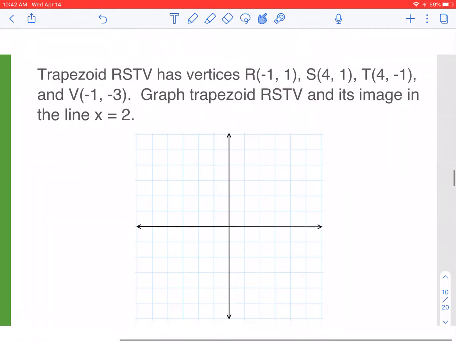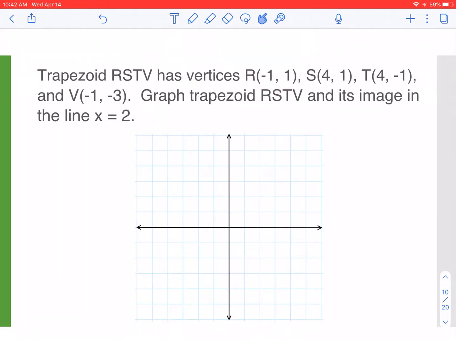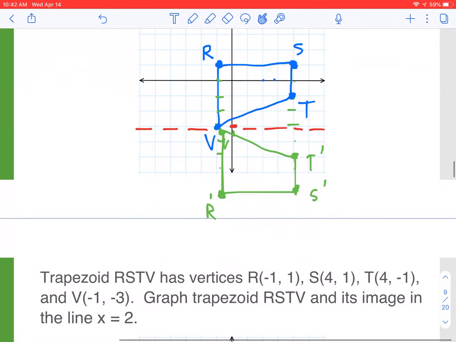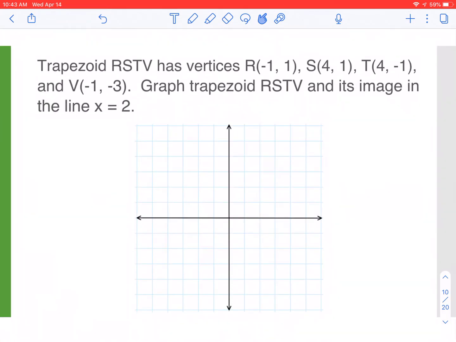Now we're going to graph the same shape. This time I'll start it in green. R, S, T, I think it's down one more, V. There's our shape.